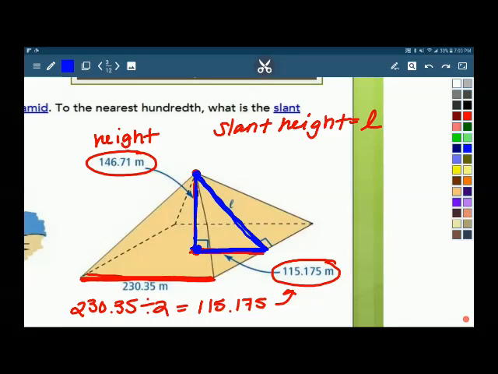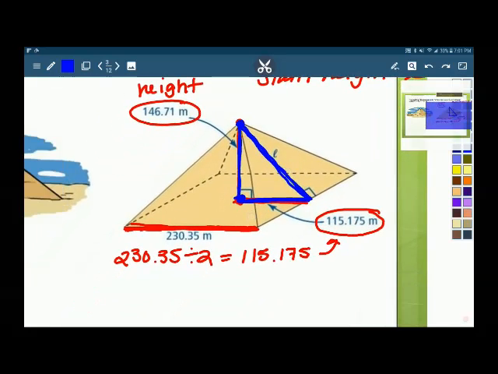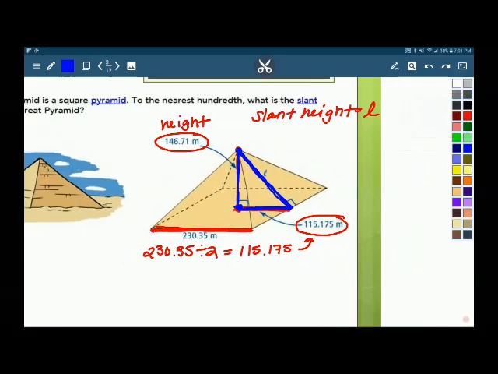Now that we've seen where this right triangle is forming from the slant height and the height, all we're really doing once again is plugging into the Pythagorean theorem. Since this is the right angle right here, that means that these two lengths are the legs. So it doesn't matter which one we call them. Let's just call the height A, and we'll call this half base distance B. And then the L really is the C value of this right triangle.